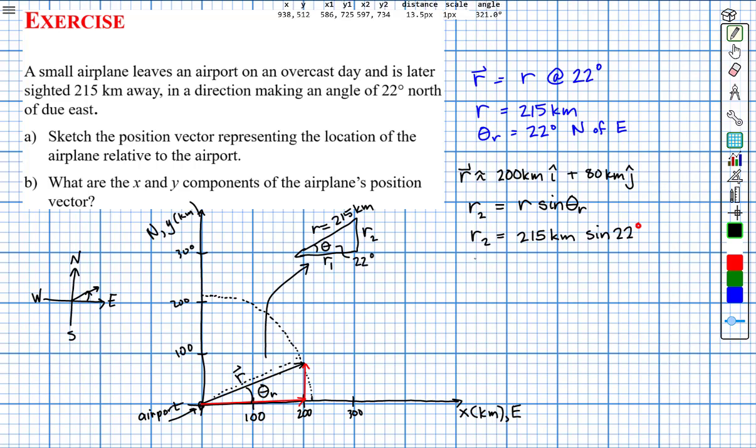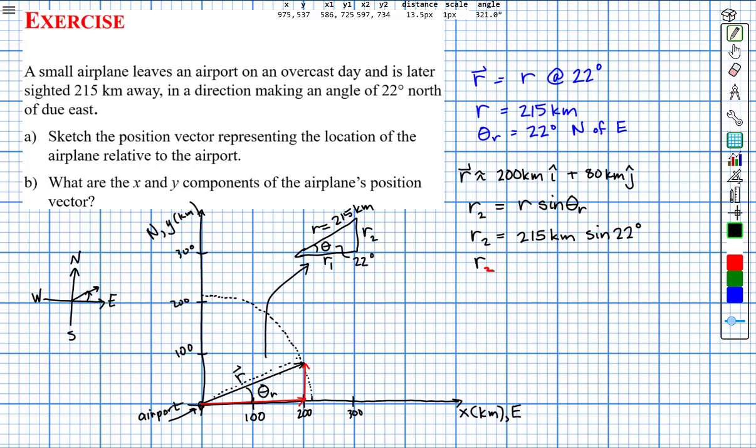So let's see what the value is of that, and I'm going to have to get my calculator for this. So I have 215 times the sine of 22. I need to make sure my calculator is in degree mode. Right now it's in radian mode, but I was given an angle in degrees, so I'm putting my calculator in degree mode.